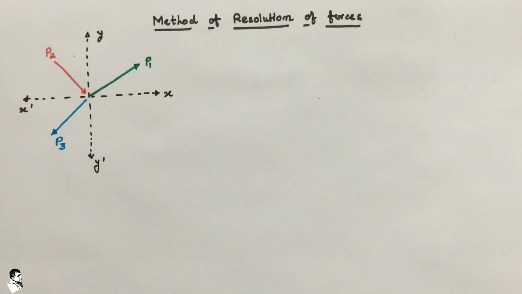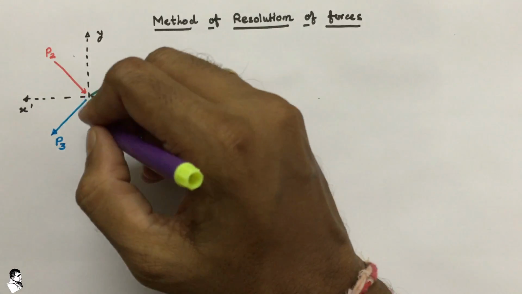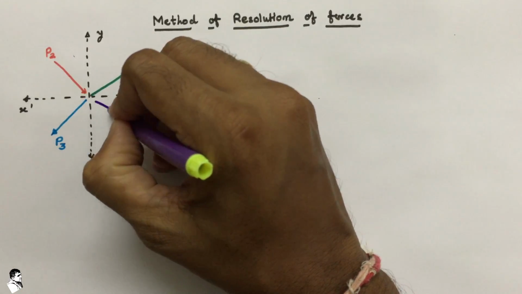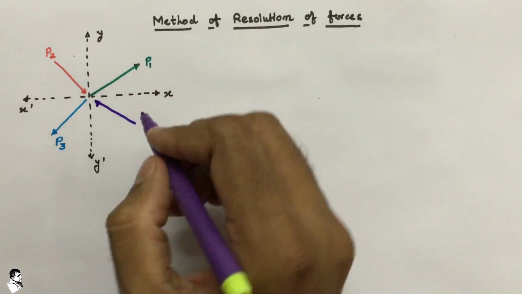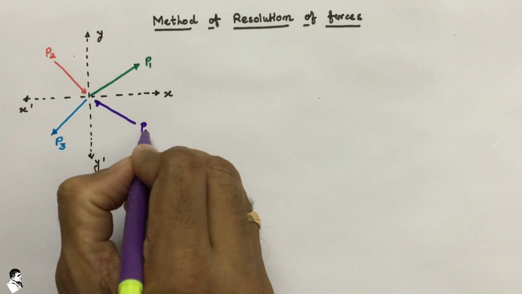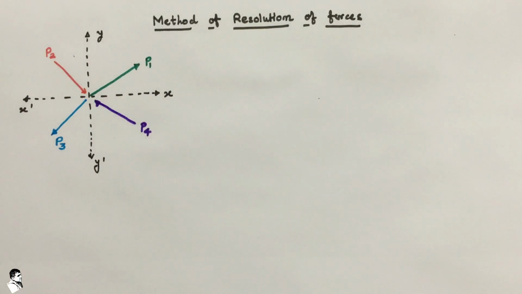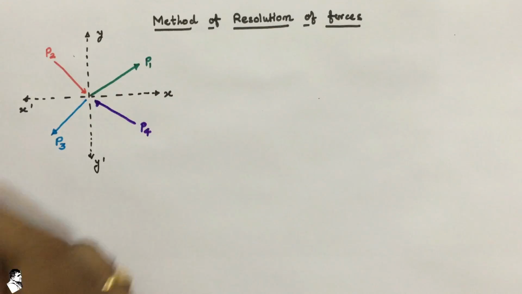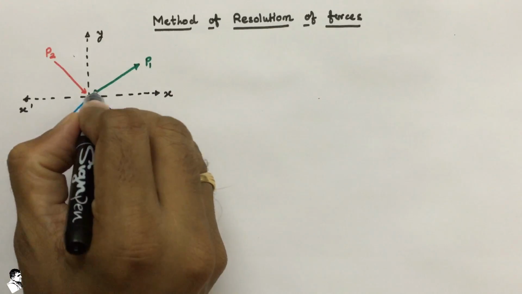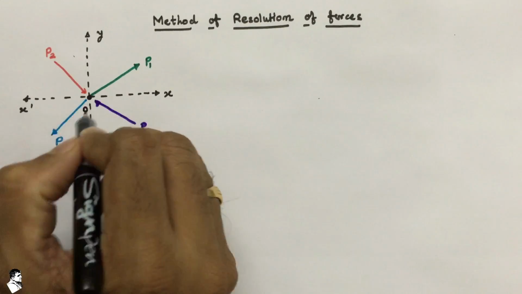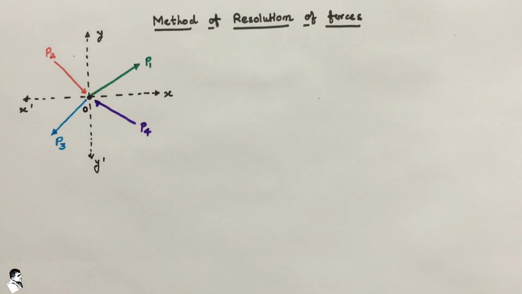The last force is P4, which is also towards the center point. The center point we mark as point O, right?